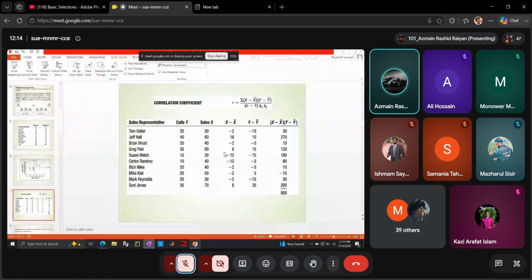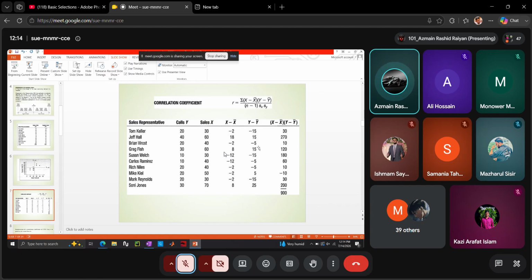If I give you this type of math in the exam, you have to make columns. Let's say your Y and X columns are on the left side, and then you make another two columns, X minus X bar and Y minus Y bar. Then you do the product of these two, write the values, list them out, and do the summation, pretty much like the frequency distribution table that you did earlier in the course for basic statistical analysis.